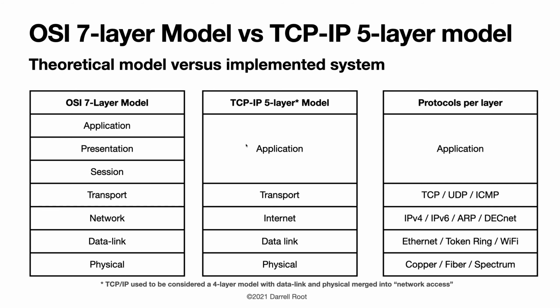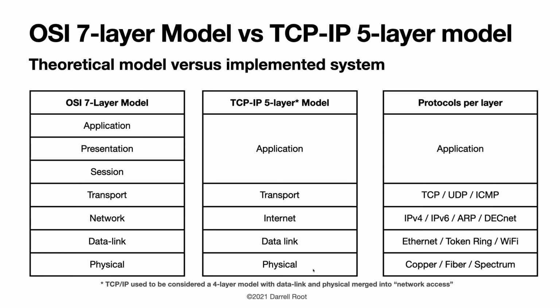And applications use the transport layer, which is end-to-end process communication. The transport layer uses the internet layer, which is host-to-host packet communication. The internet layer uses the data link layer, which is node-to-node, which is your local area network, individual hops getting to the end destination. And then the data link layer uses the physical layer, which is, of course, copper, fiber, spectrum, and encoding bits onto those.